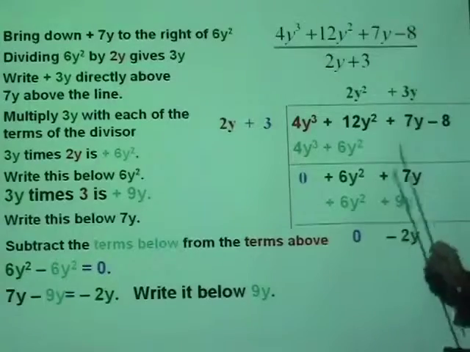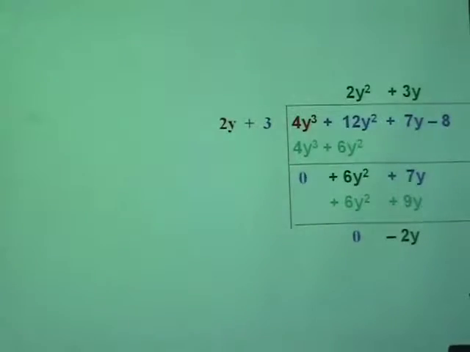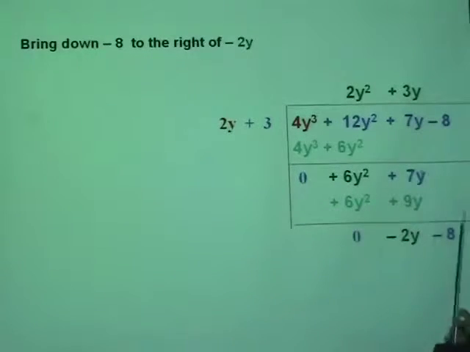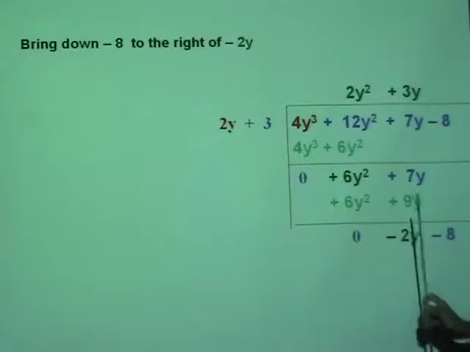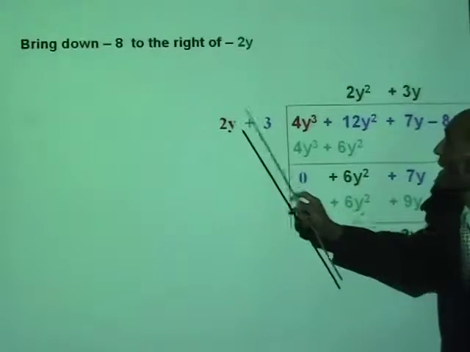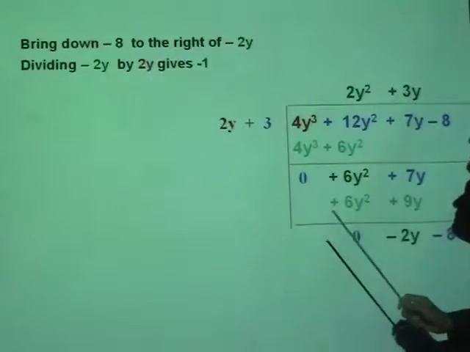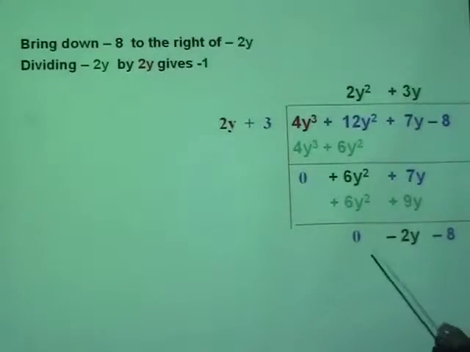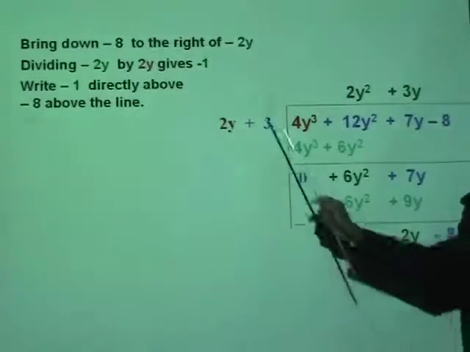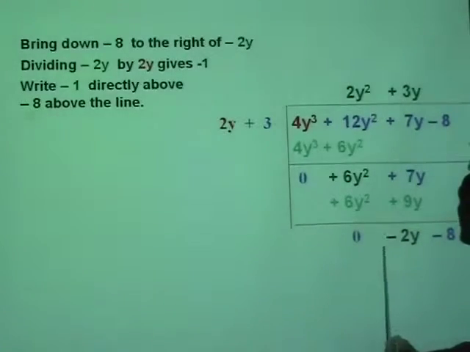What next? Bring down the negative 8. Bring down the negative 8. There you are. And now, negative 2y divided by 2y is, dividing negative 2y by 2y, what do you get? It's a negative 1, is that right?